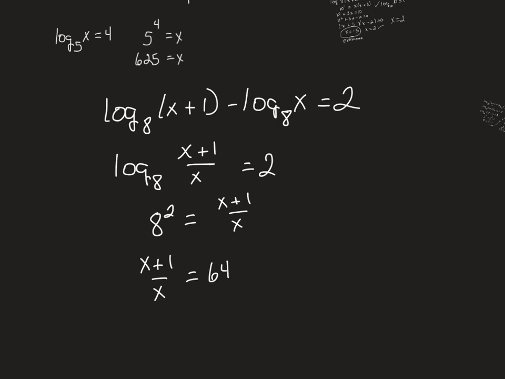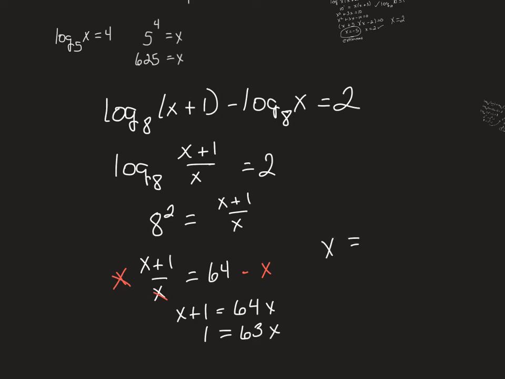Now I can multiply both sides of this equation by x to get rid of this x in the denominator. And that's going to give me x plus 1 equals 64x. And if I subtract x from both sides, we get 1 equals 63x.